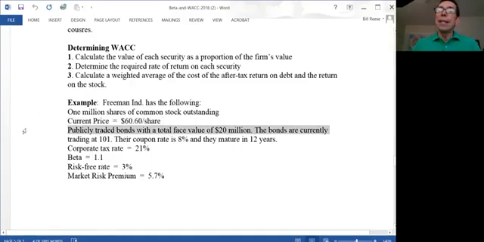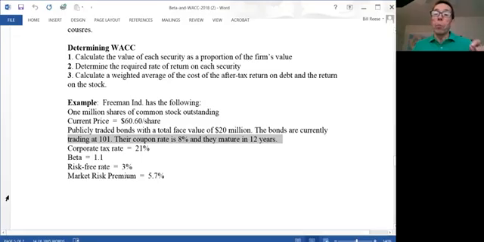Freeman also has some debt, publicly traded bonds. Their face value is $20 million, but the bonds are trading at 101. Now, you will recall from when we were talking about bonds that if they're trading at 101, that means their price is 101% of their face value.